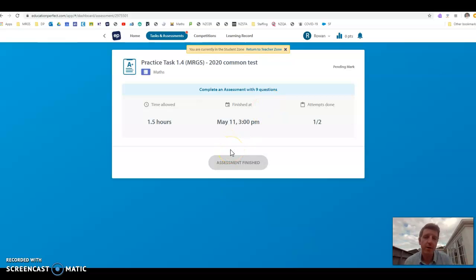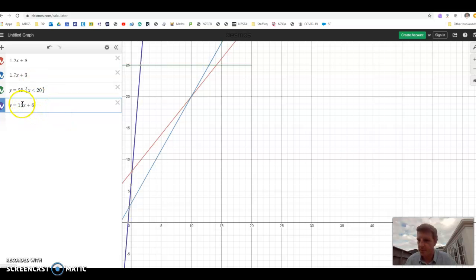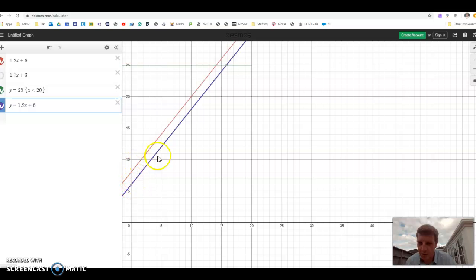Well, another way could have been, maybe if I started at 6 kilometers, so if I go back to Desmos, I could say, what if I went y equals 1.2x plus 6? So here's my line here. So just under gold taxi, so start $2 cheaper. And at this point here, it's 15 kilometers and costing $24. I could put another line that goes straight across.